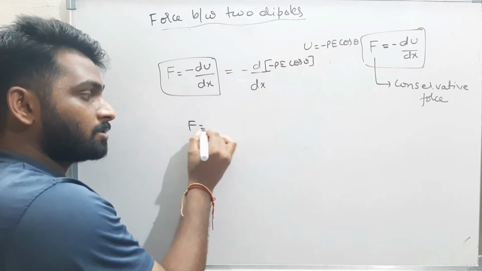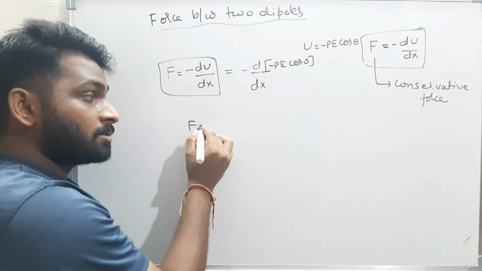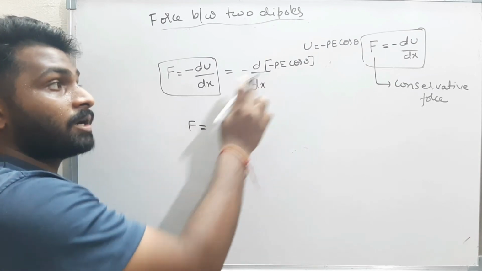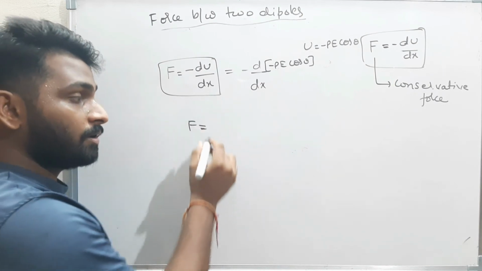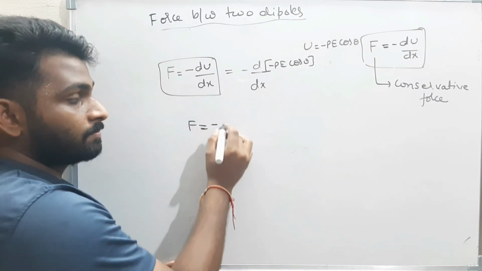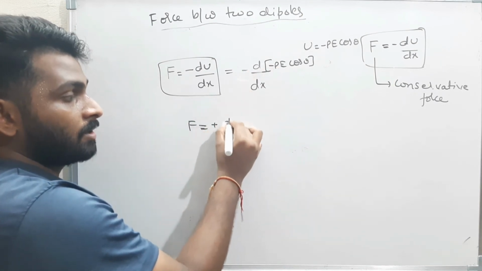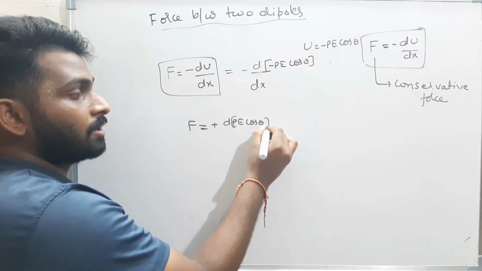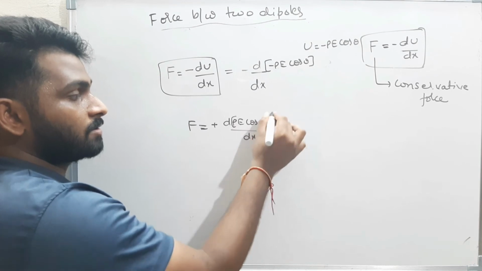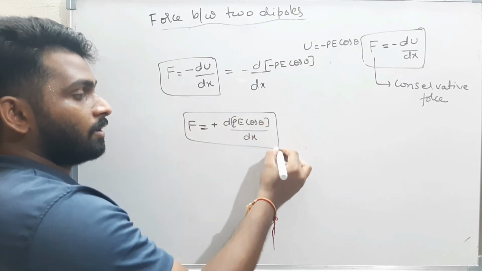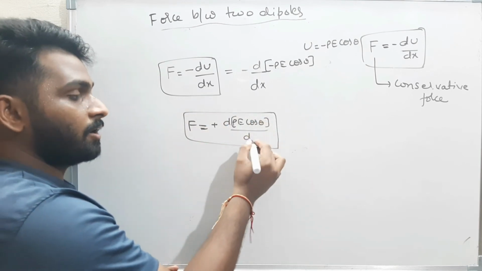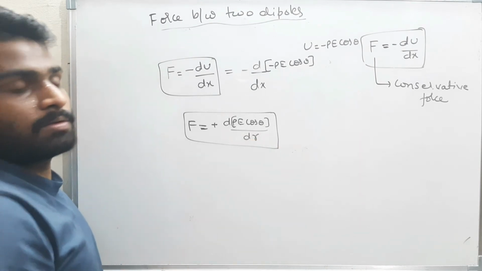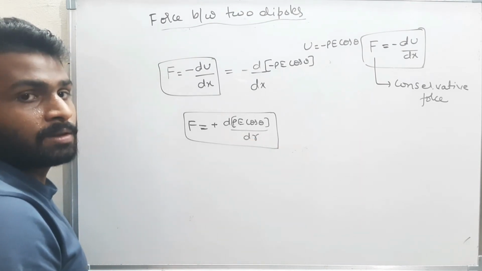Therefore, the force acting on the dipole placed in the uniform electric field is minus into minus is plus d(P cos theta) by dx. You can take dx or you can take dr, no problem.